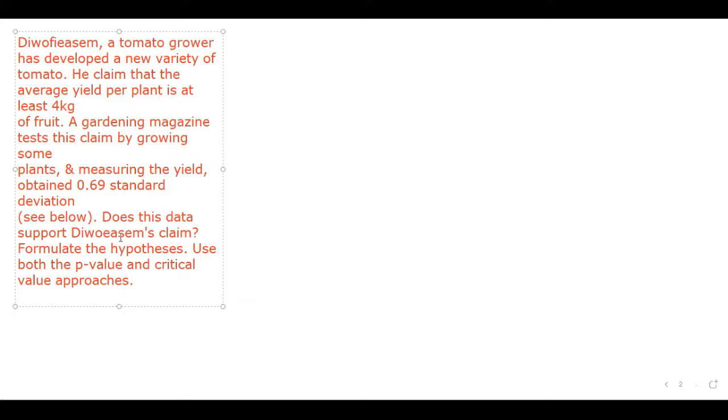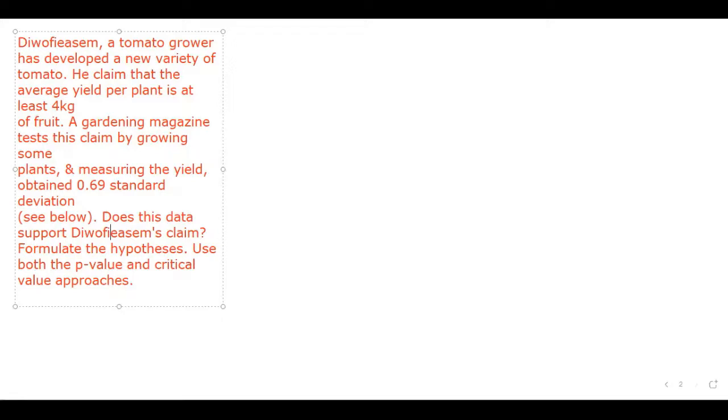Okay, so someone should read it. Okay, the tomato grower has developed a new variety of tomato. He claimed that the average yield per plant is at least 4 kg of fruit.